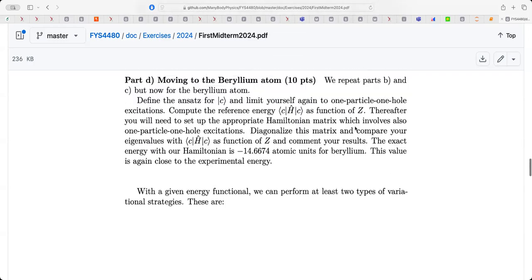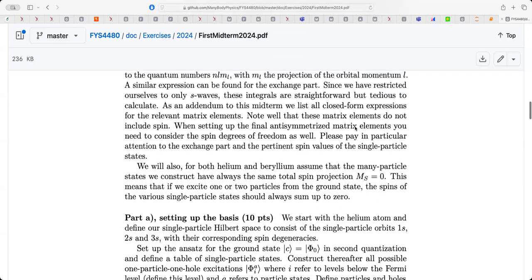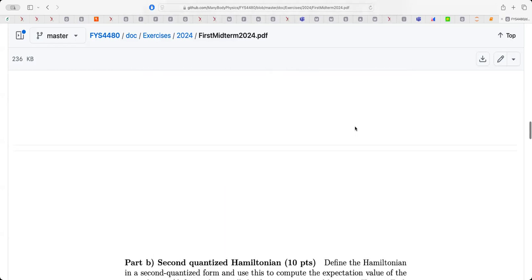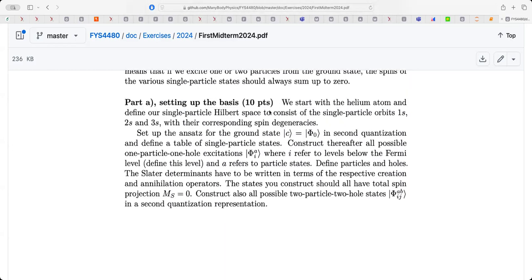So the first exercise, which we have then, if we look at that one, is simply to set up the basis. So for helium, you have 1s, 2s, and 3s. And then you set up the ansatz for the ground state in second quantization and define a table.